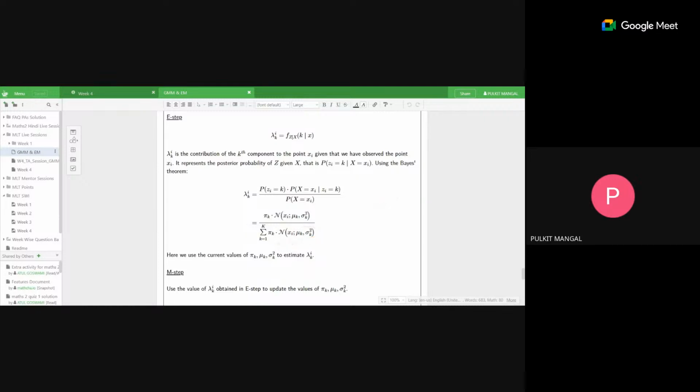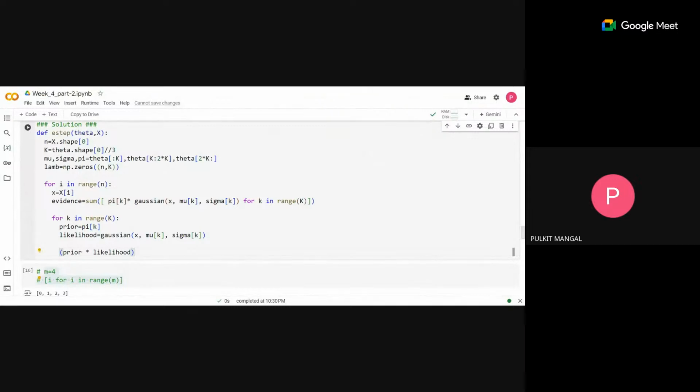Is this also available on the portal? Yeah, this one I already uploaded and shared. So now we will do prior into likelihood divided by evidence, and this denotes the lambda ik entry, right? Any doubt?